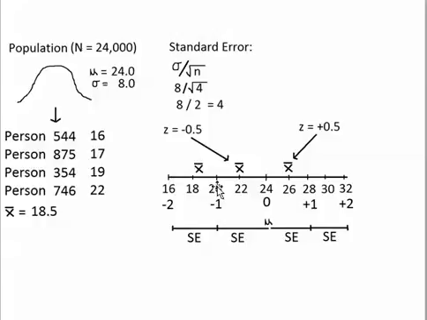That means that our sample mean of 18.5 should have a z-score of about negative 1.5. However, our z-score won't be exactly negative 1.5 because this sample mean isn't exactly halfway between the two numbers. However, we can see that our sample mean will have a z-score close to negative 1.5.